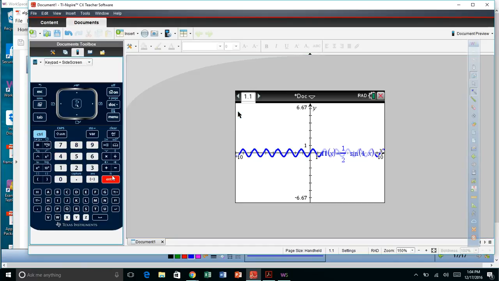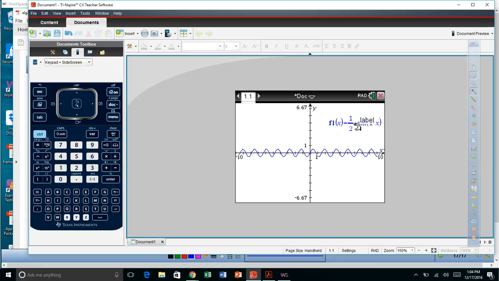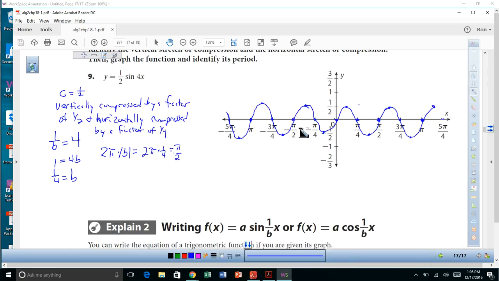And press enter. Aha. Okay. Now we're sitting here looking at this, and this is on a scale of 1, 2, 3, and 10. The graph that we had over here was pi over 2 or pi over 4. And it went from -5 pi over 4 to +5 pi over 4.